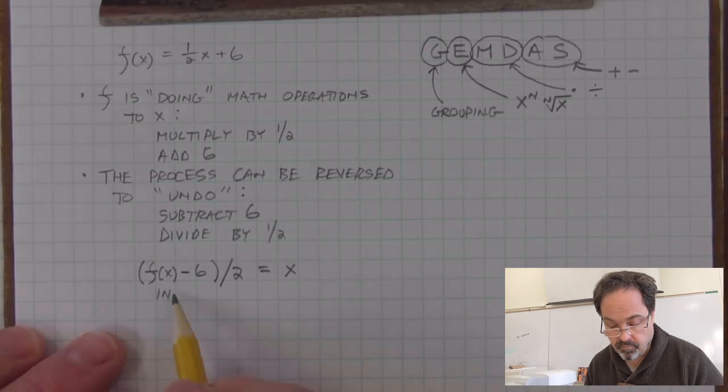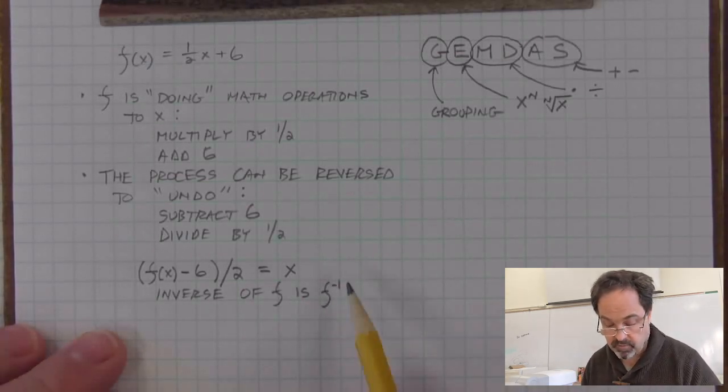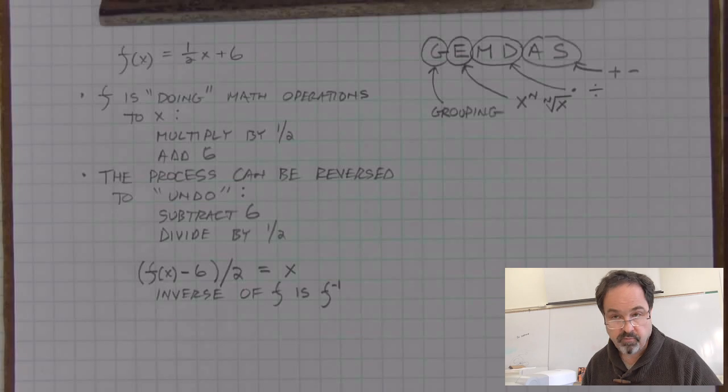We have a symbol for inverse. The inverse of a function named f is then the name of that function with a -1 superscripted. We call this inverse of f, or f to the -1.